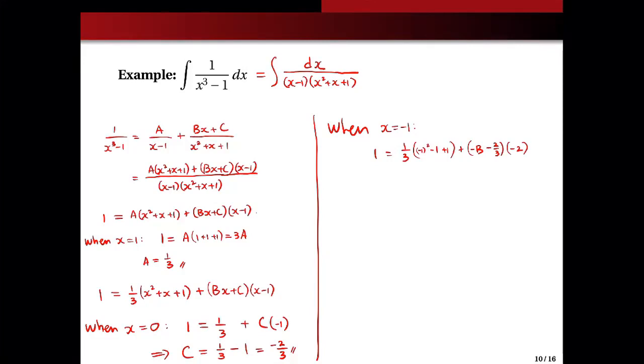So let's just simplify things here. We will have 1 equals, in here you got positive 1 minus 1, that's 0 plus 1, that's 1. So we'll only get 1/3 in here. For this, we distribute the negative 2, so we'll get plus 2b plus, if you distribute that, you'll get 4/3.